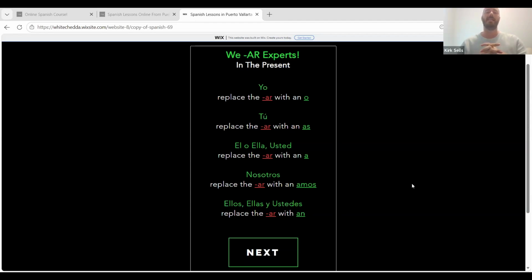So usted is a built-in tool within the Spanish language that we don't really have in English, which is we change the nature of how we speak to demonstrate respect. We do that in English as well, but it's sort of more unwritten. For instance, you might say sir or ma'am. In Spanish, there's actually verb forms that adapt to formality.